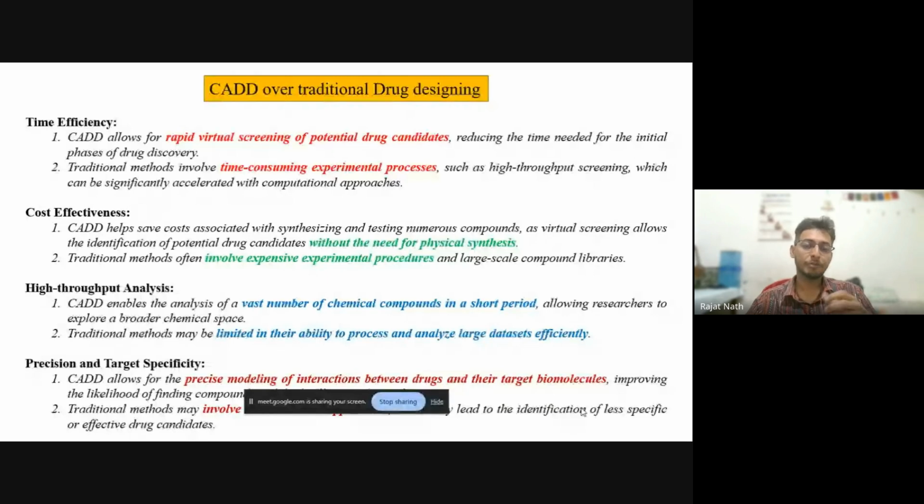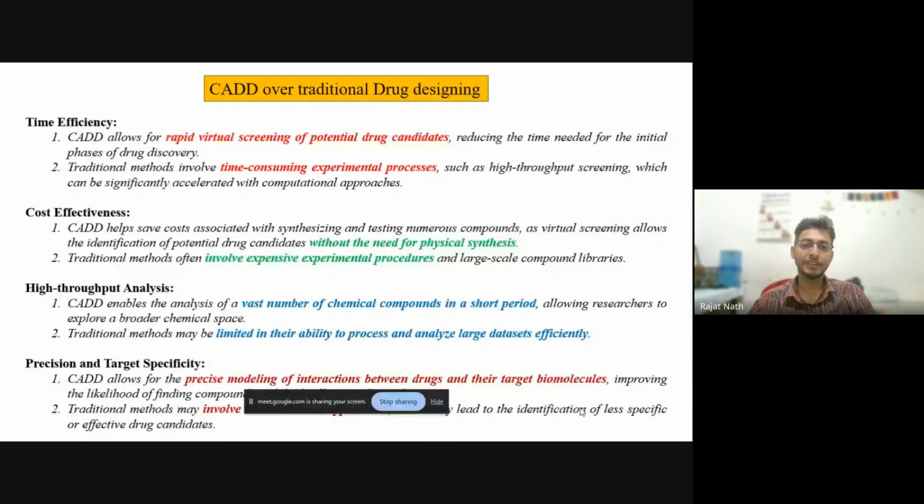And after the completion of all the work, after 20, 25 years, we may get nothing. Maybe we have identified one compound or one drug by traditional methods, but after doing all the things in the clinical trial, the result shows unsatisfactory.